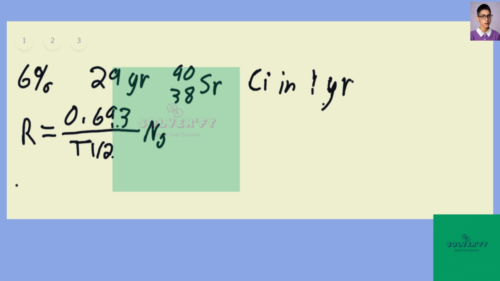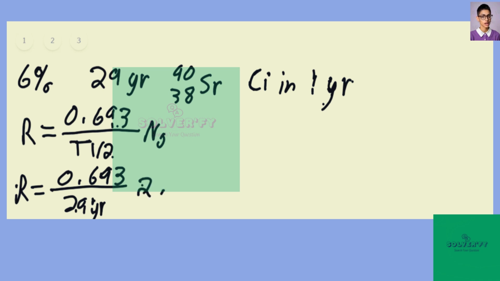So this becomes R equals 0.693. Our half-life is given as 29 years. Our number of nuclei we solved for in the first part of this question, which was 2.07 times 10 to the 27th, but we're told in the question stem that it's 6%, so that becomes 0.06.